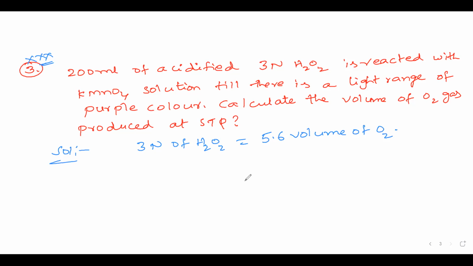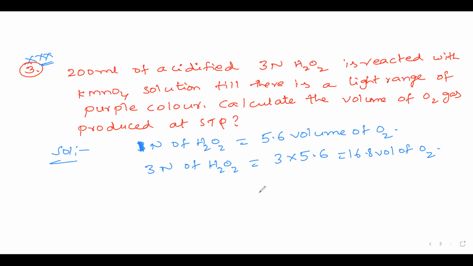For 3 normality of H2O2, it is equal to 3 into 5.6, because normality into 5.6 is the volume strength, which is equal to 16.8 volume of oxygen gas obtained.